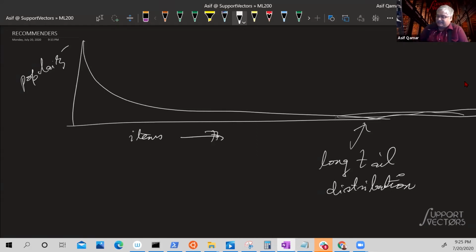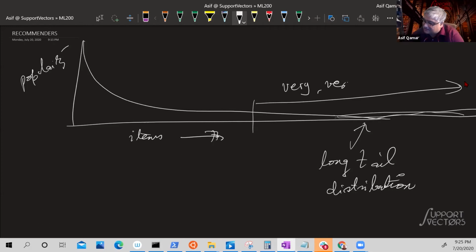So if you look at this long tail that is there, this tail is very, very long, right? And it is also heavy. What does that mean? It's a heavy tail, very, very long, heavy tail.